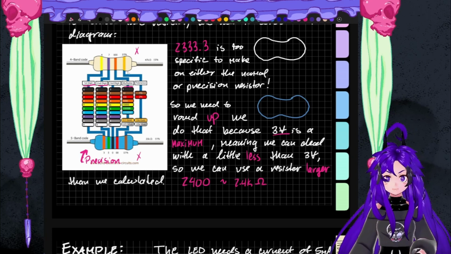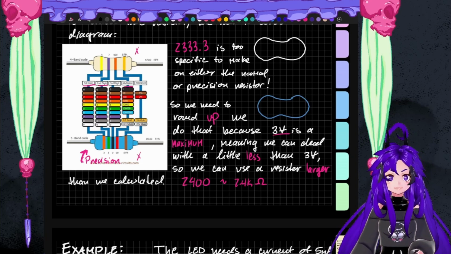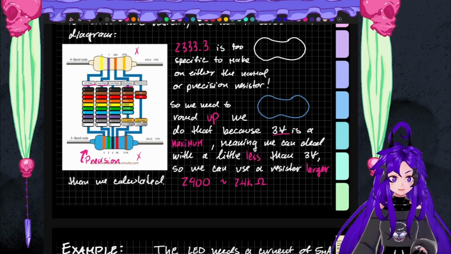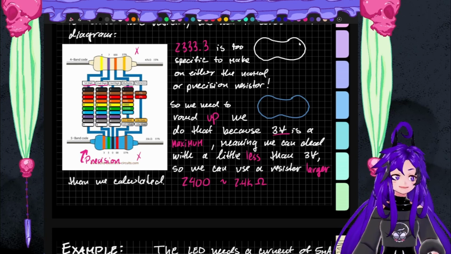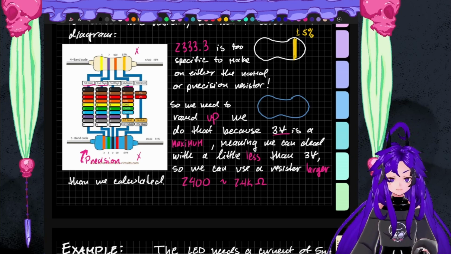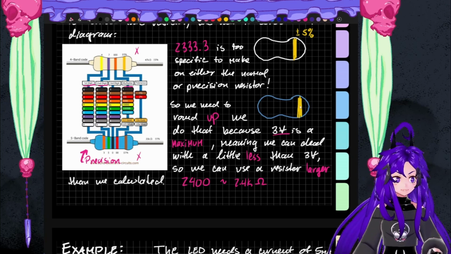We're going to do that by first saying, all right, I'm going to choose the tolerance, and we're going to choose the lesser tolerance. It's most common to find the plus or minus 5%. So you'll have to take that into account.